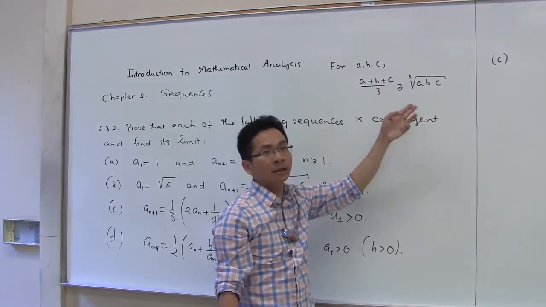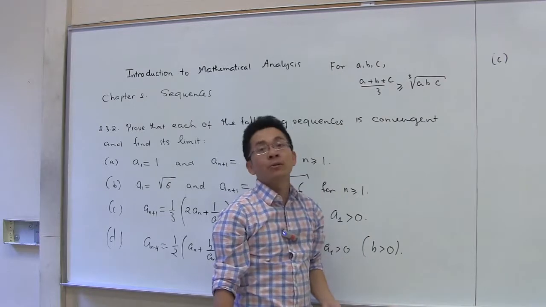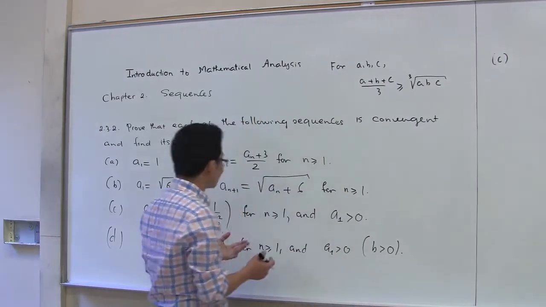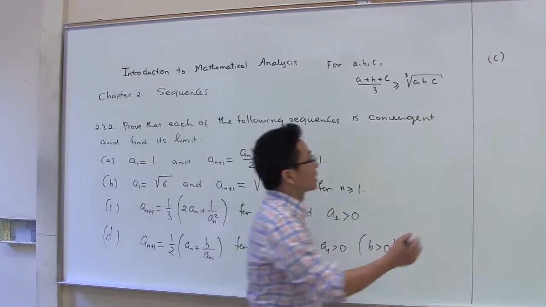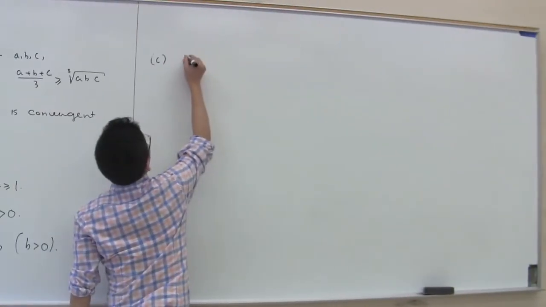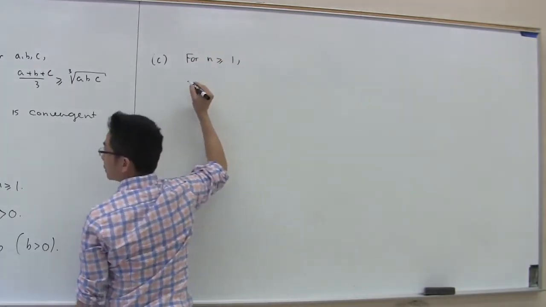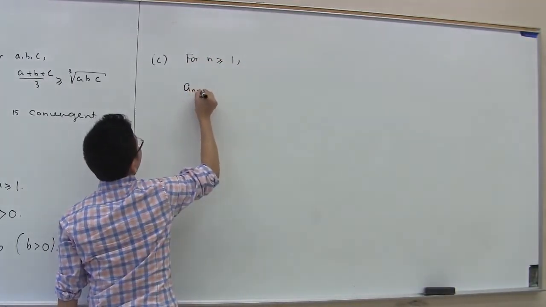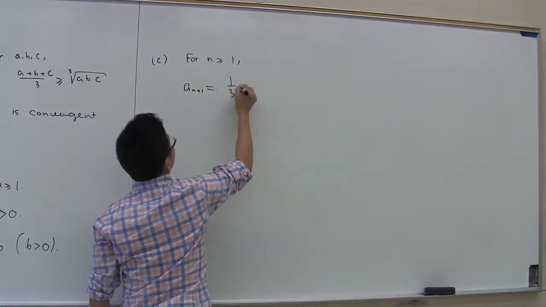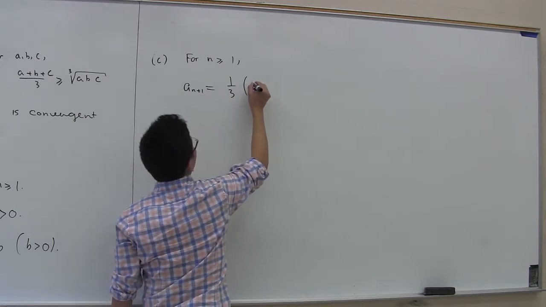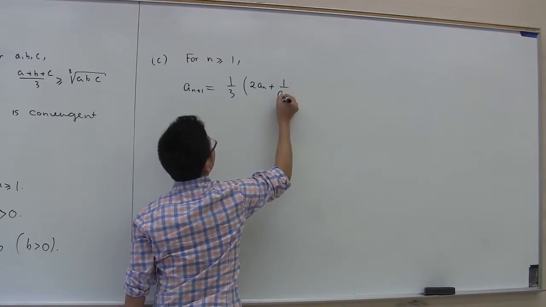This inequality works for n non-negative numbers as well, okay? But for solving this problem, we only need this inequality, okay? So now, for n greater than or equal to 1, a(n+1) can be written as 1/3 of (2an plus 1 over an squared).